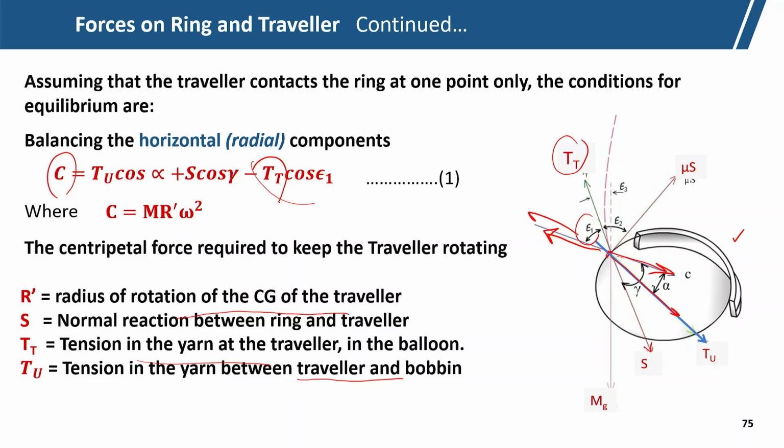So, two components are in the inner direction and two more components in the outer direction. C is dependent on m r dash omega square, where m is the mass of the traveller.